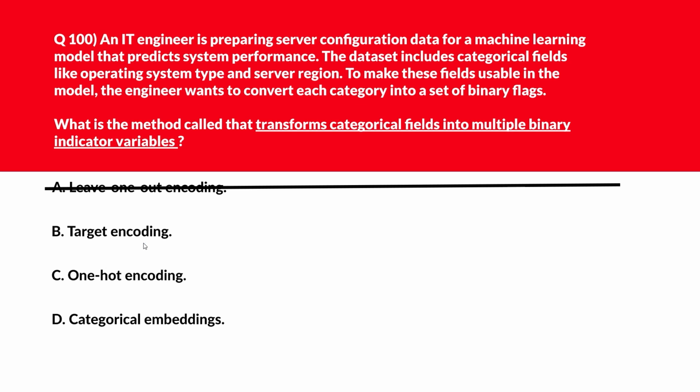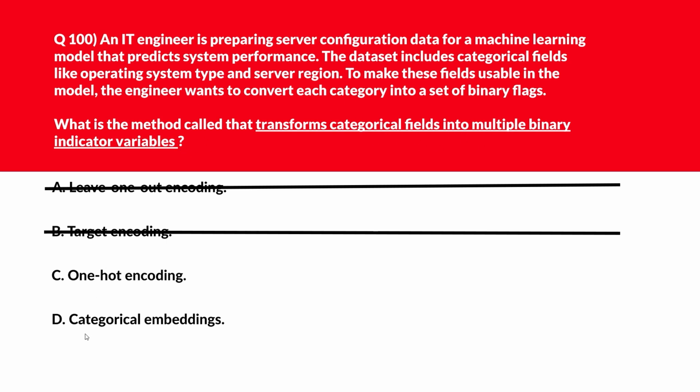Target based transformation encodes categories using outcome averages. Wrong answer. Option D, C says one hot encoding. One hot transformation creates binary columns for each category. That's what we need. Let's keep it for now.